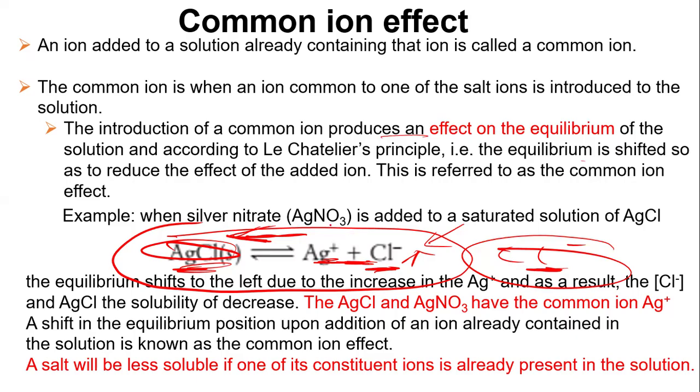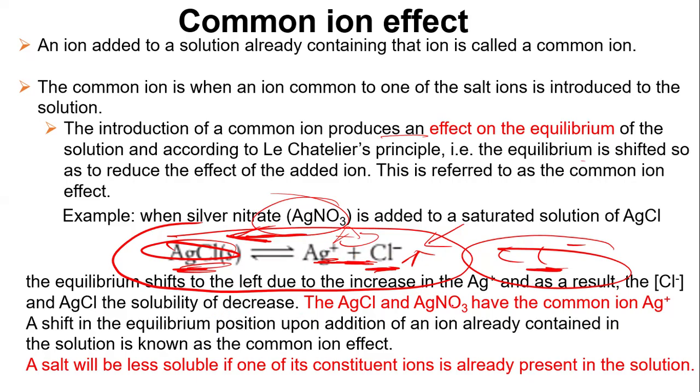Example is when silver nitrate is added to a saturated solution of silver chloride. Now, in this example, they are adding silver nitrate. So the silver nitrate would completely dissociate and introduce more silver ions, right? Yes, now the equilibrium has to shift to the left due to the increased silver ions. And as a result, the AgCl solubility will decrease.